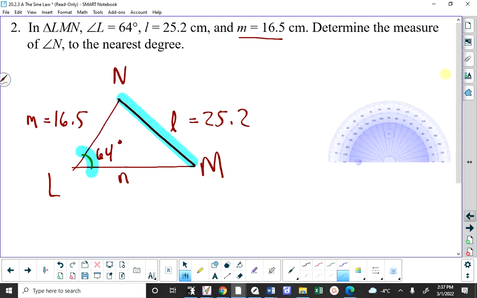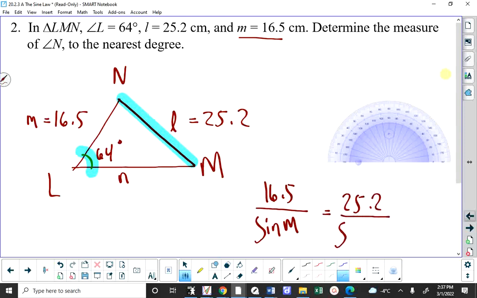Now, don't write anything just yet. Just look up here. If you write out the sine law the way it would be on your formula sheet, you would have 16.5 over sine M equals 25.2 over sine 64.